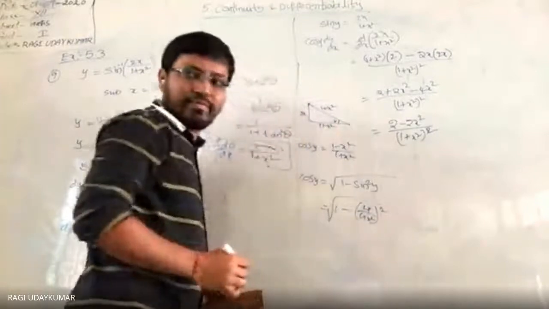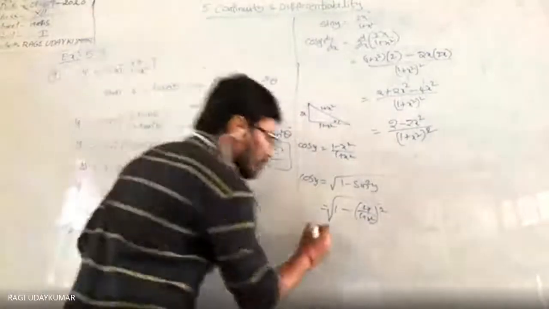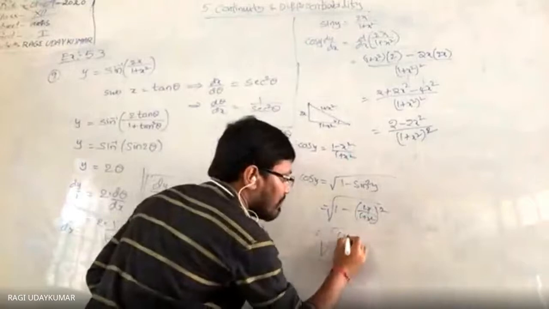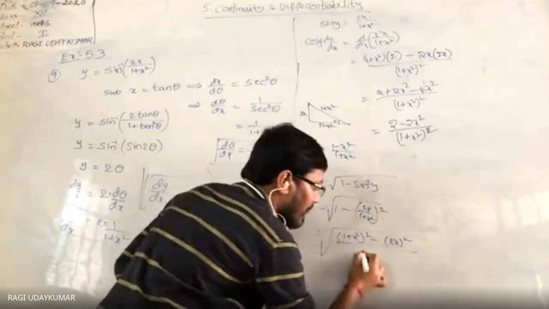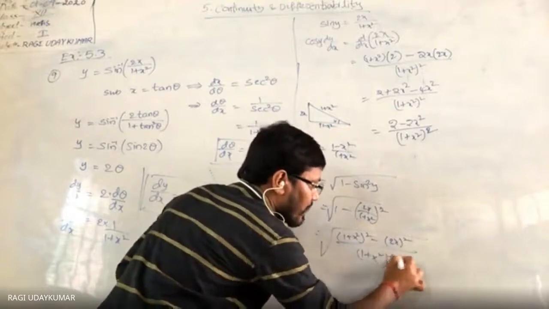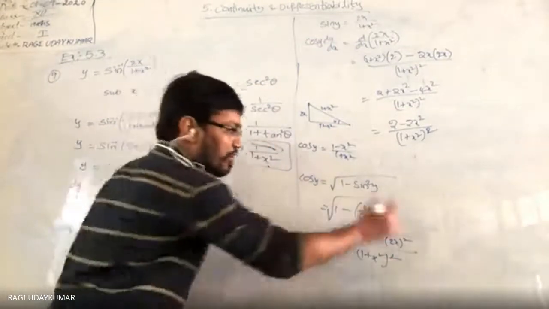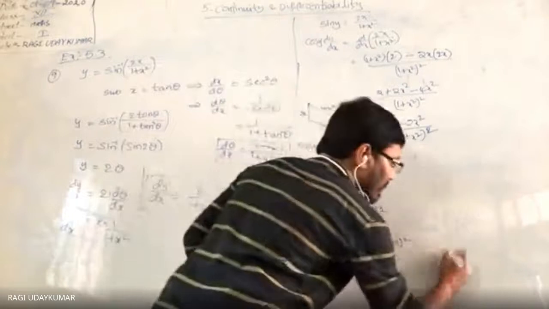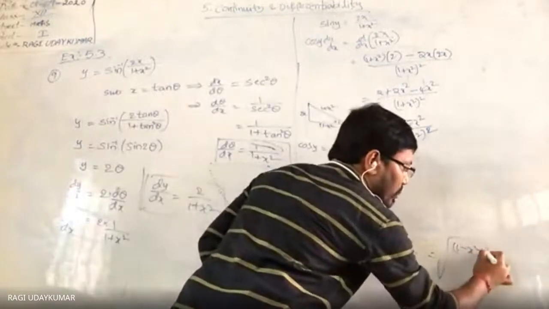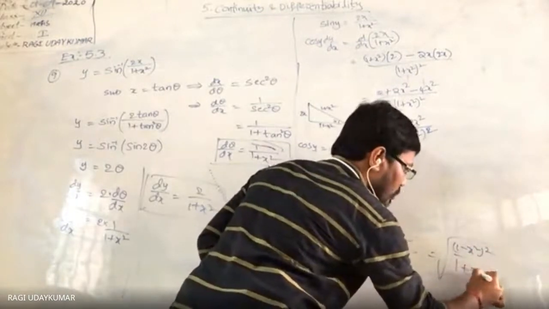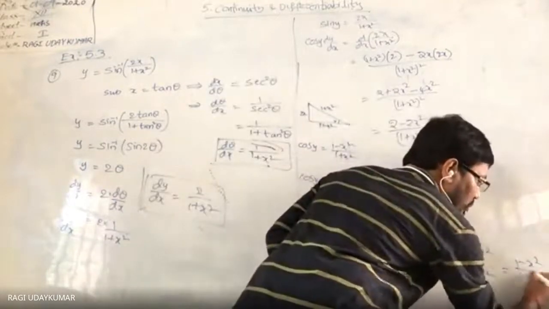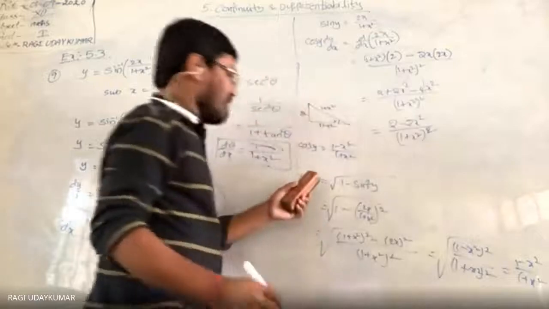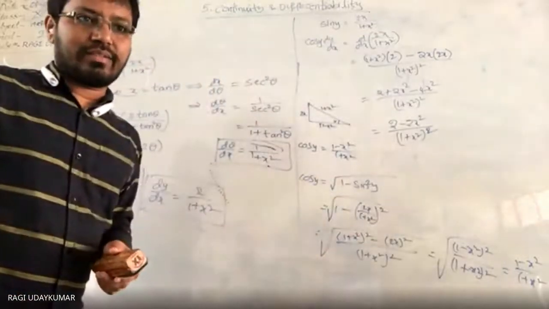Simplify this: 1 plus x square whole square minus 2x whole square by 1 plus x square whole square. In the numerator, you get 1 minus x square whole square by 1 plus x square whole square. So finally, cos y is equals to 1 minus x square by 1 plus x square.